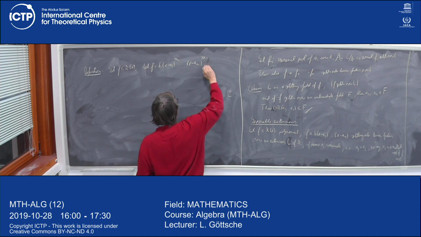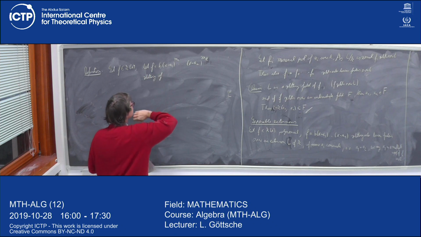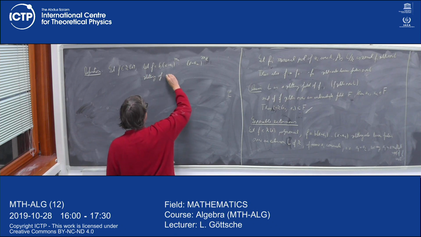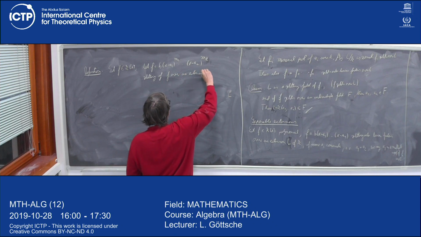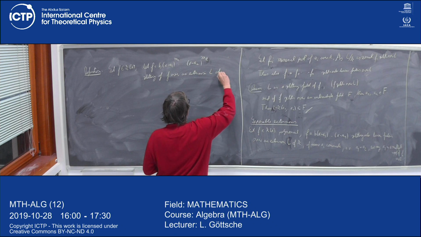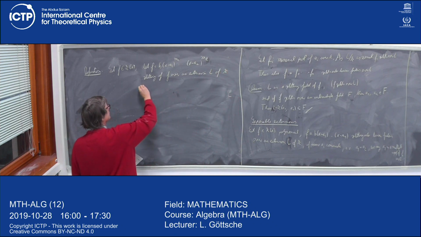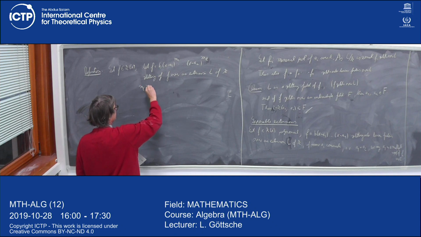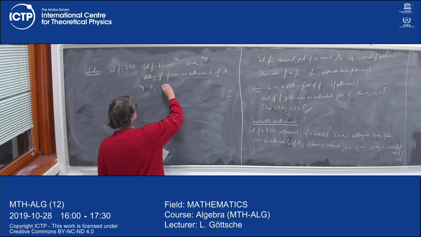I'm going to write L for the splitting field of f, an extension L of K. And we assume that these mi are all bigger than 0, and the ai are distinct.